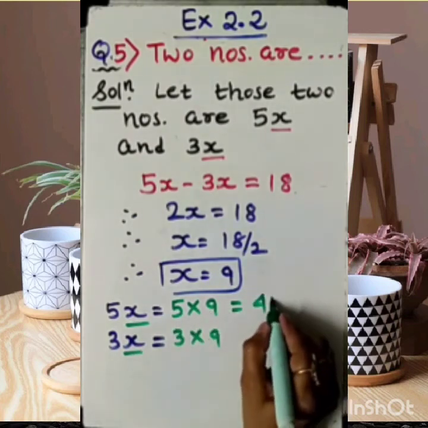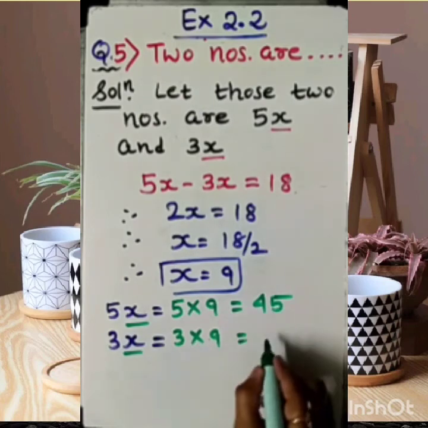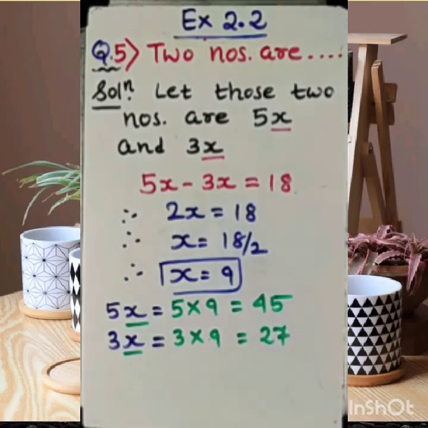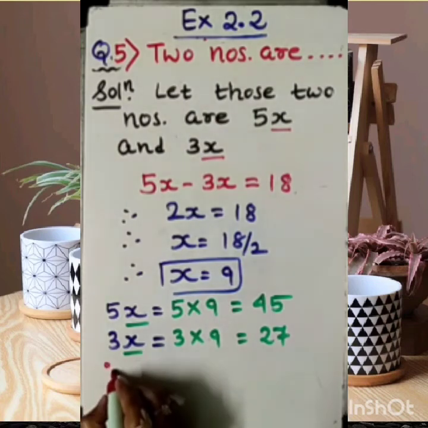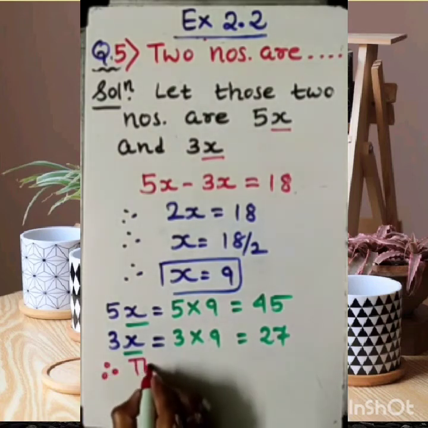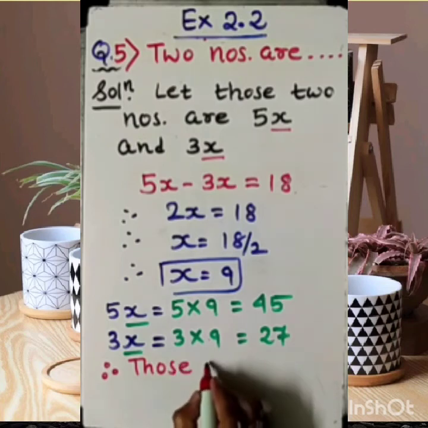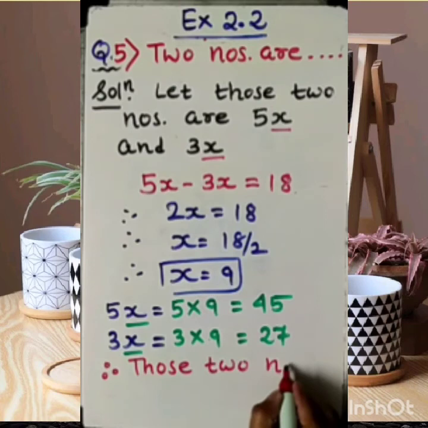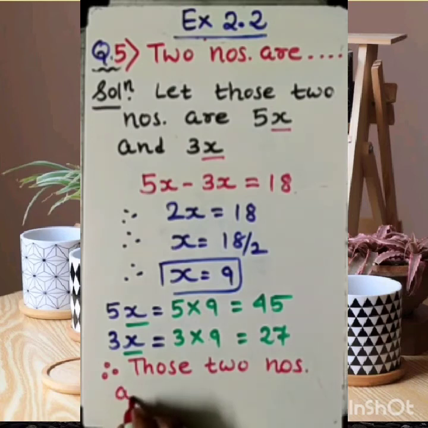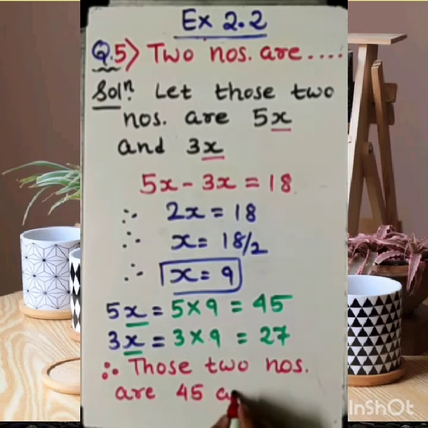As you know, 5 times 9 is 45, 3 times 9 is 27. Therefore we need to say those two numbers, which we are asked to find, are 45 and 27. This is quite an easy question and asked again and again in the exam.